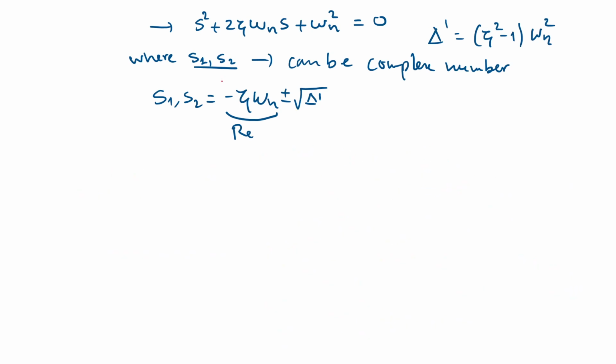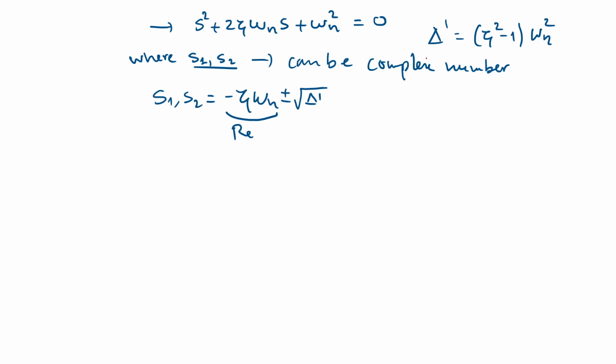So we say if delta prime is positive, then S1 and S2 are all real numbers, and you need to check the sign to judge whether the system is stable or not. So if the sign of all the real numbers is negative, then the system is stable.